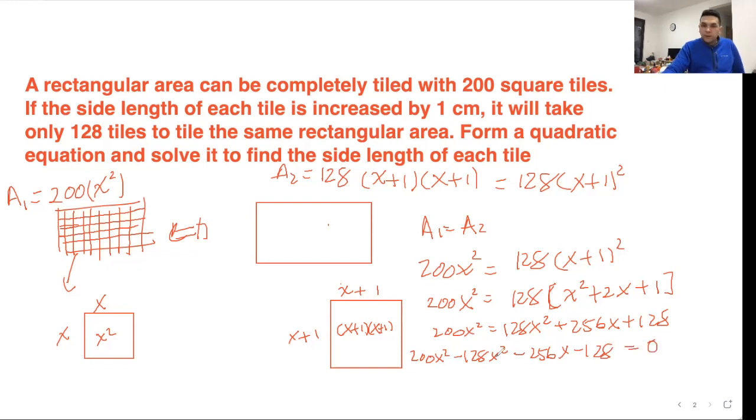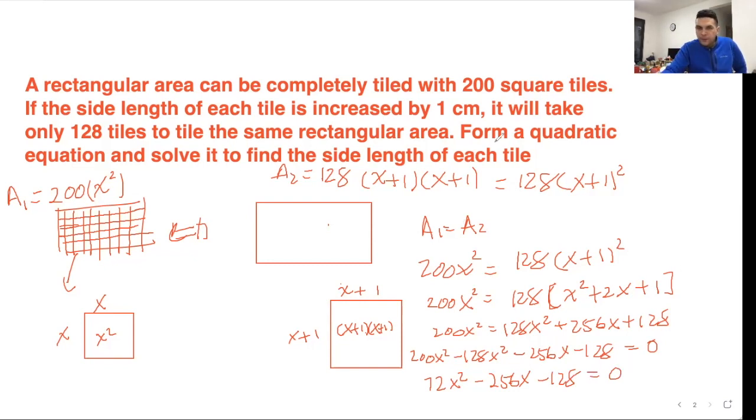So after I combine these two, this is going to simplify to 72x squared minus 256x minus 128 equals 0.